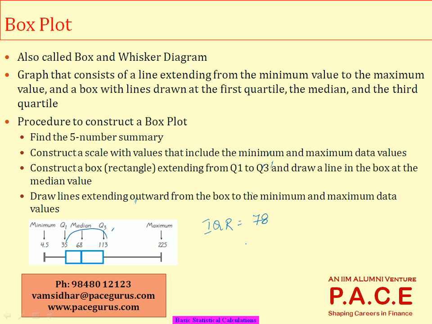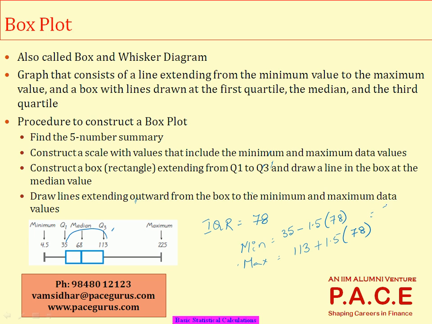So I'll say the artificial minimum is Q1 minus 1.5 times the interquartile range, and the artificial maximum is Q3, which is 113, plus 1.5 times the interquartile range.